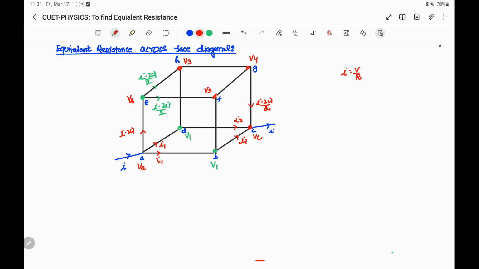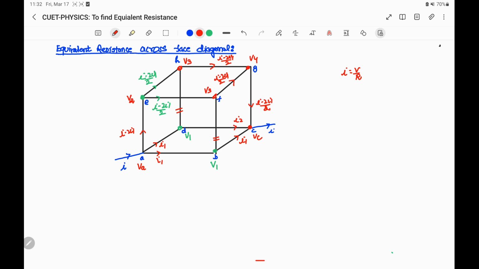So the current I minus 2I1 by 2 passes from V3 to V4, and this branch also has the current I minus 2I1 by 2. So the branches DH and BF have no current, so we can remove these two branches.